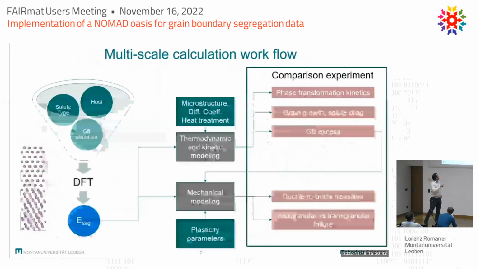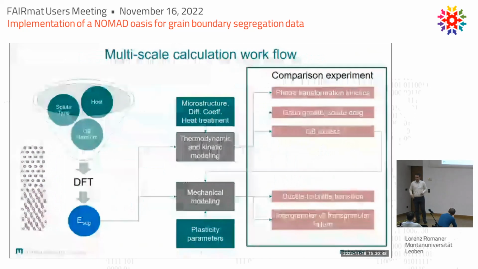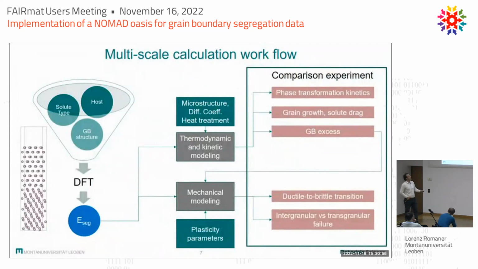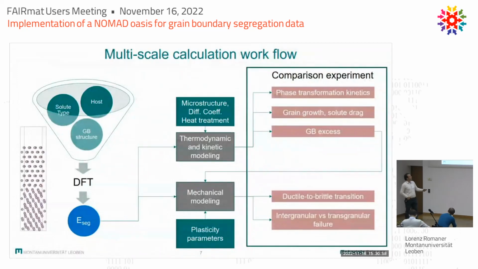Okay, so we are here. That's what we do with DFT. Then, if you want to compare to an experiment, what we need is to couple other simulation methods to that, so that we can really do something with or compare to an experiment, actually, right? In an experiment, what people measure is, for example, when a sample fractures, right? When it's brittle, when it's ductile, at what temperature that transition happens.